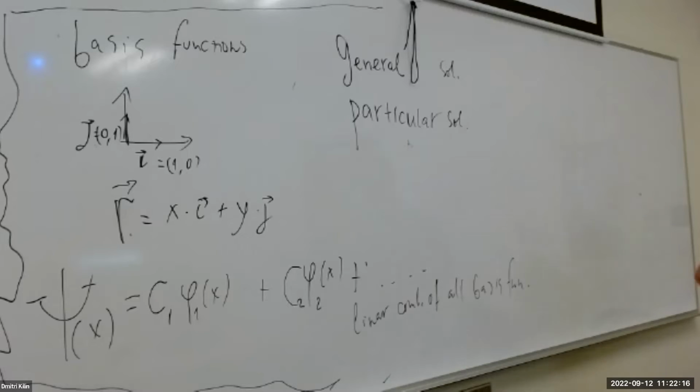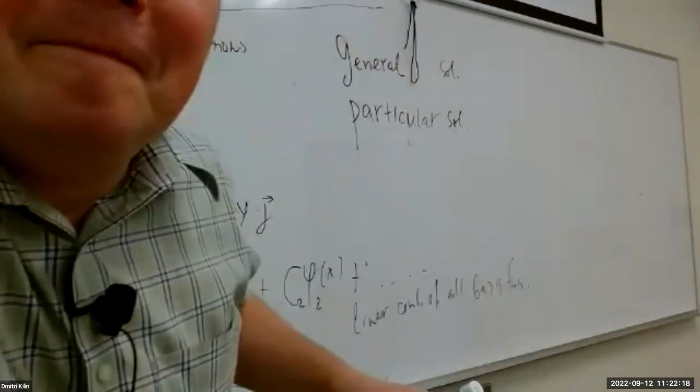Yeah, the general is with some random constant C, and then the particular defines the constant, finds what C is and puts that value in. You agree?